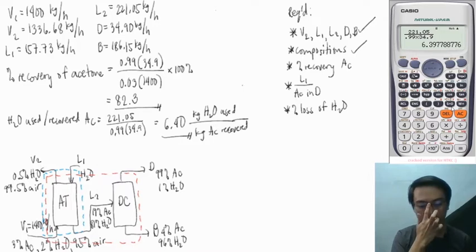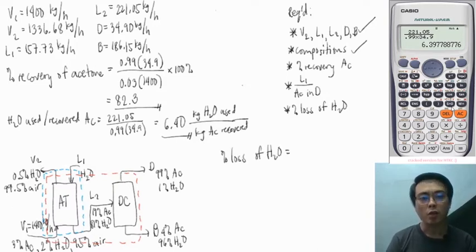Okay? Next, percent loss of water. The loss of water is coming from two streams here. We have two waste streams. That's the bottoms, and that's V2. Okay? In V2, you have 0.5% water. In the bottoms, we have 96% water. So that would be your numerator, how much water is lost.